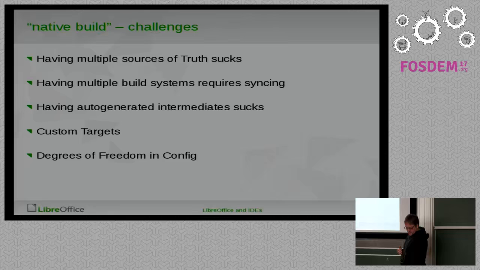The other challenges: I think we should stay with one single build system, whatever that is. And the other stuff, like having auto-generated intermediates. Who here uses automake and autoconf and loves it?